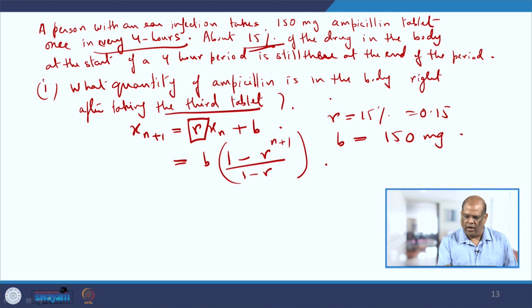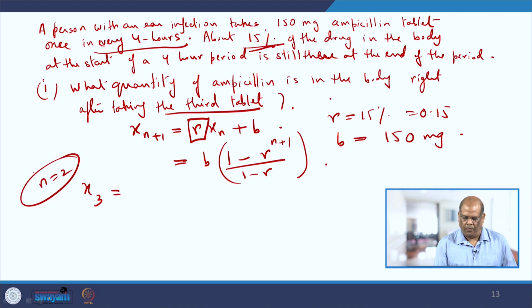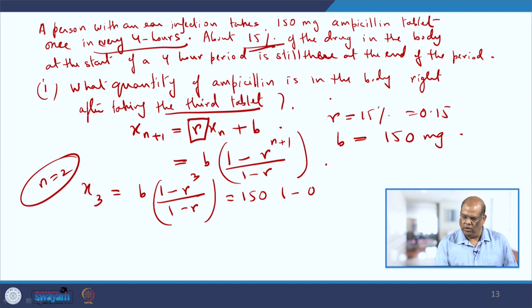So, after taking the third tablet, we have to calculate x3, that is by putting n equal to 2, and we get this is equal to B times 1 minus R to the power 3 divided by 1 minus R. So, B is 150, 1 minus 0.15 cube divided by 1 minus 0.15.